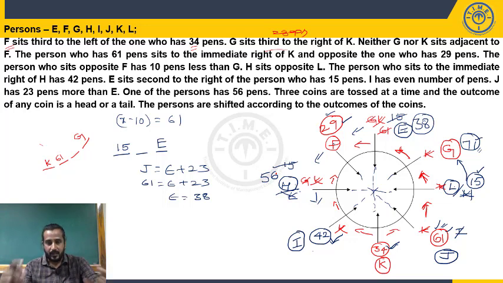Clear? And what is given next? 3 coins are tossed at a time and the outcome of any coin is head or tail. We discussed already. The persons are shifted according to the outcomes of the coins. So, the same outcomes and the condition numbers I will give you in the table.